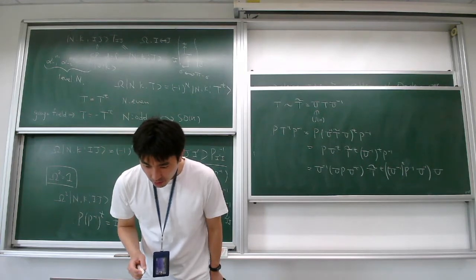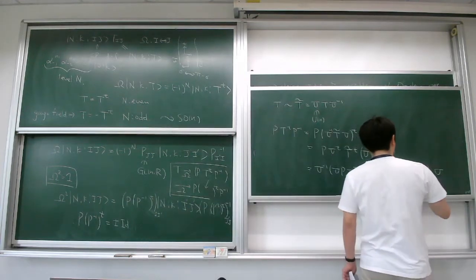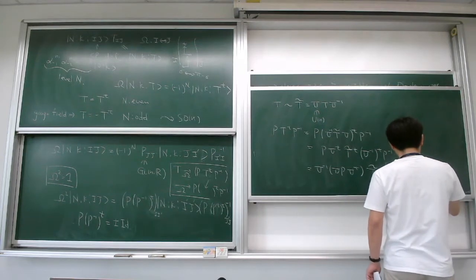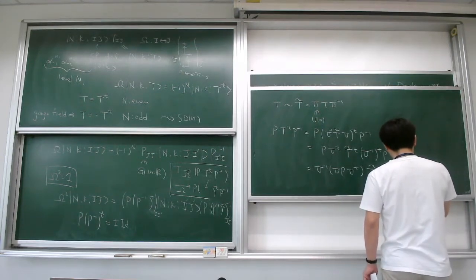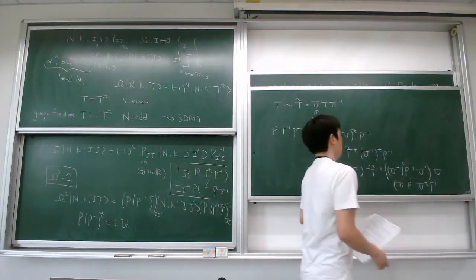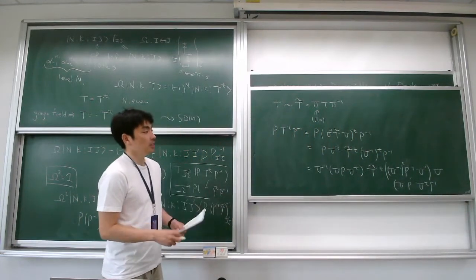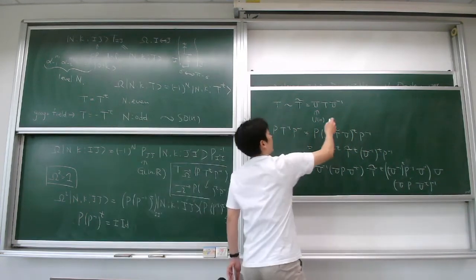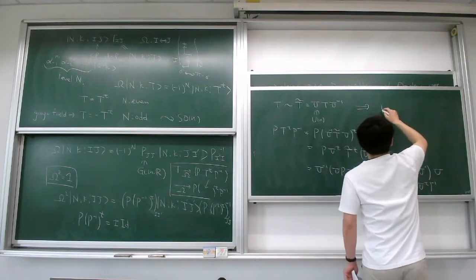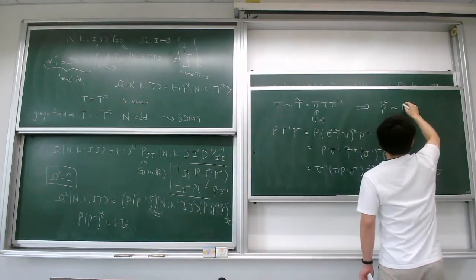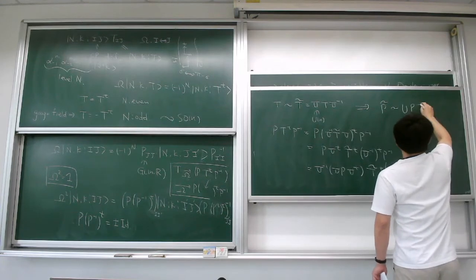Why am I doing such a thing? Okay, this is equal to U T. This is equal to U P U inverse. So therefore, as you can easily see, this ends up the same as P tilde equal to U P U transpose.